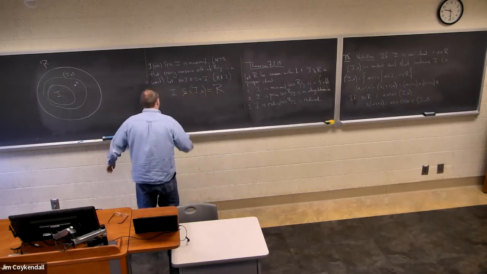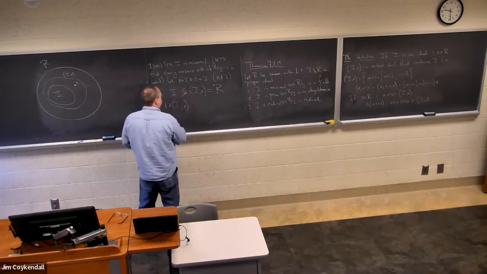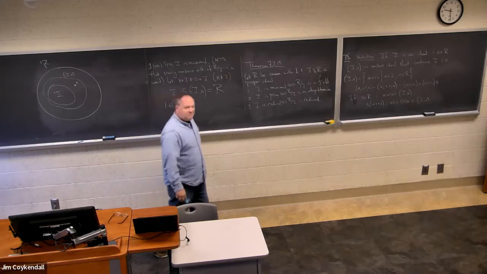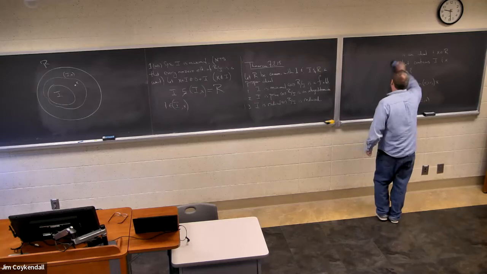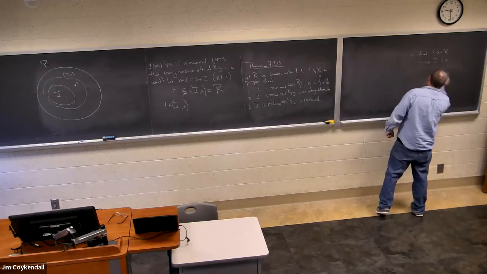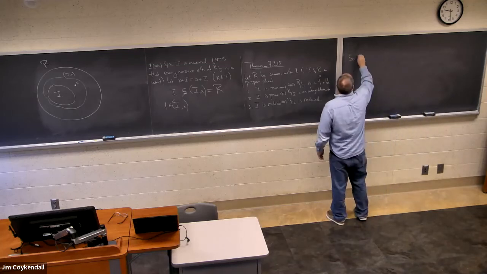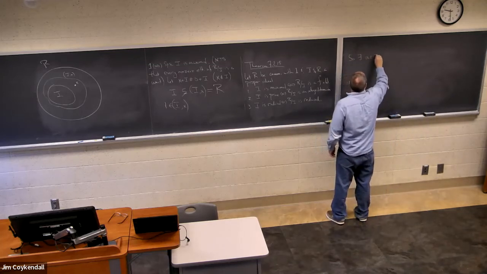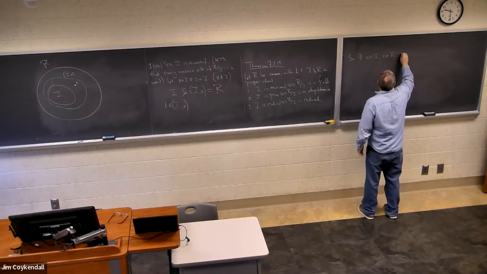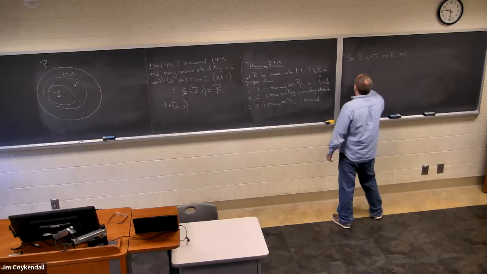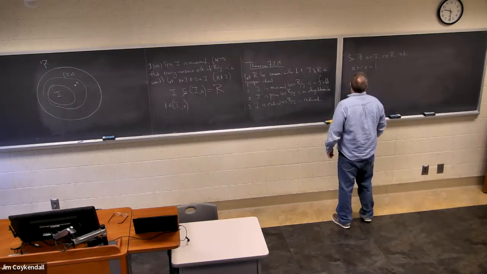So that means 1 lives somewhere in this ideal, right? Okay, so let me translate that into something that I can use. So there exists alpha in I and R in R, such that alpha plus Rx equals 1.